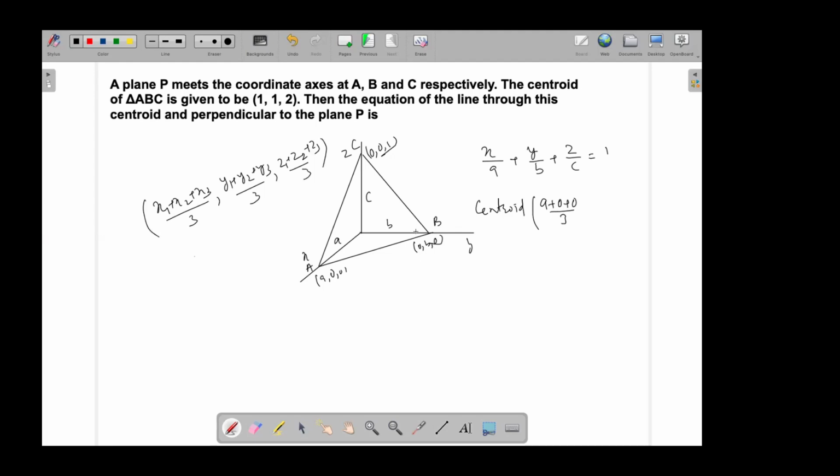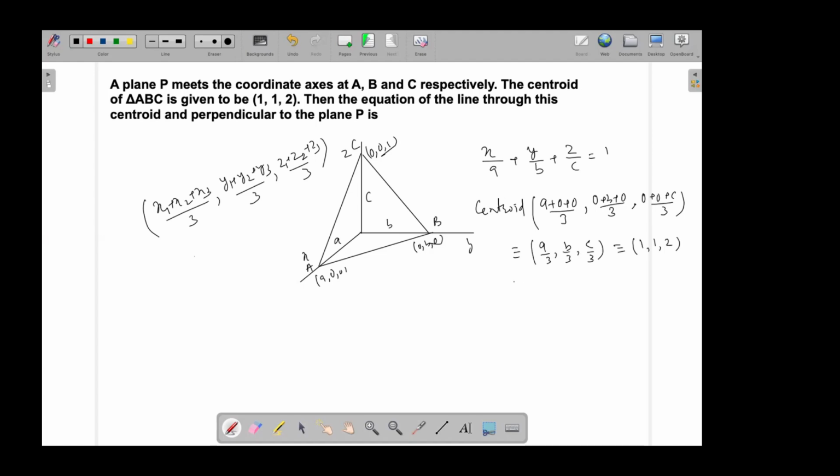Using A, B, C here, this will be A plus 0 plus 0 by 3, then 0 plus B plus 0 by 3, and then 0 plus 0 plus C by 3. Now my centroid has come out to be A by 3, B by 3, and C by 3, but what is given to me is 1, 1, and 2.